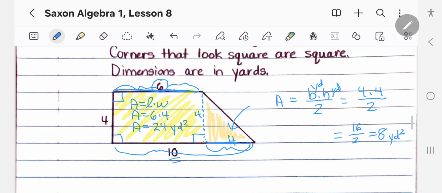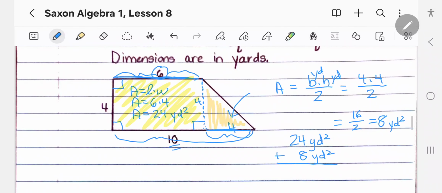So I know that the yellow rectangle is 24 square yards, and the orange triangle is 8 square yards. And I can add those together and I get 32 square yards. And that is the area of the entire figure when you add them together.